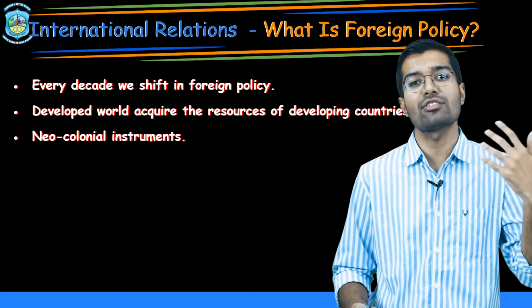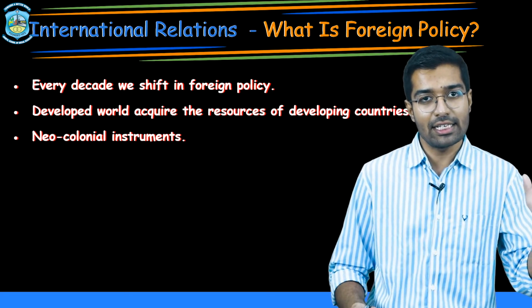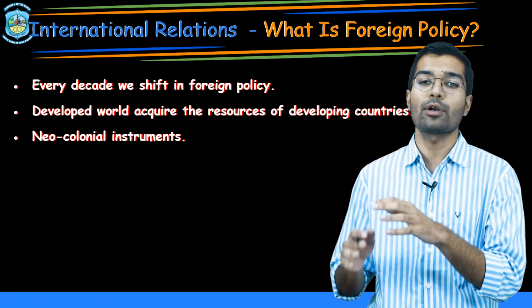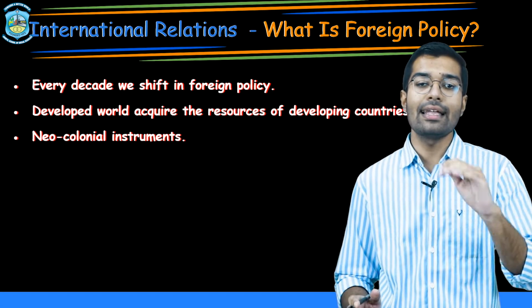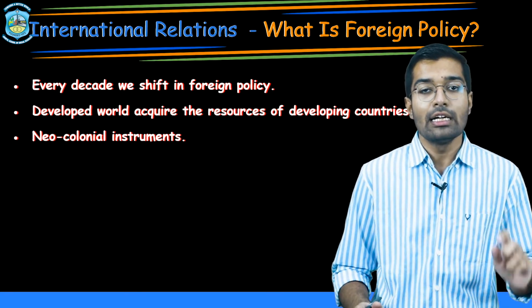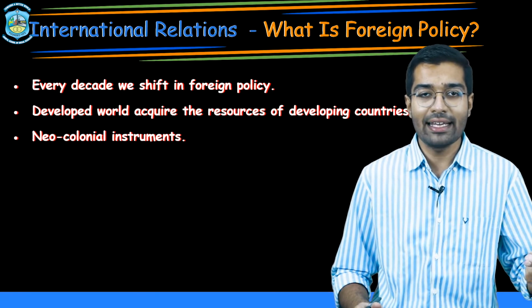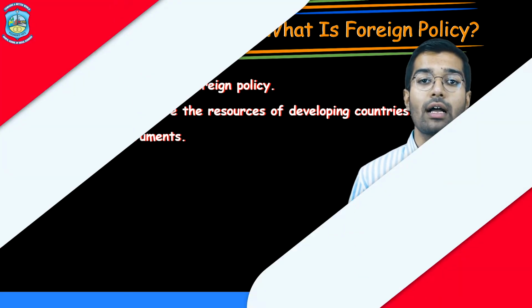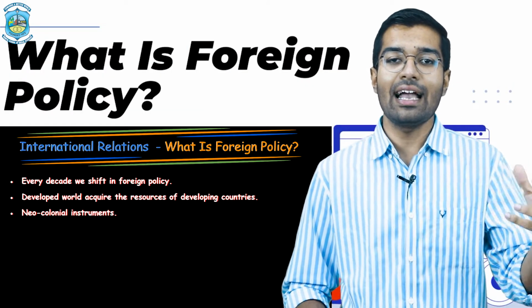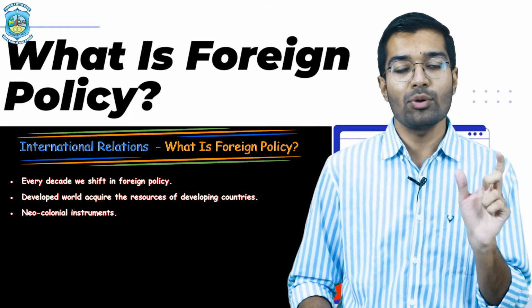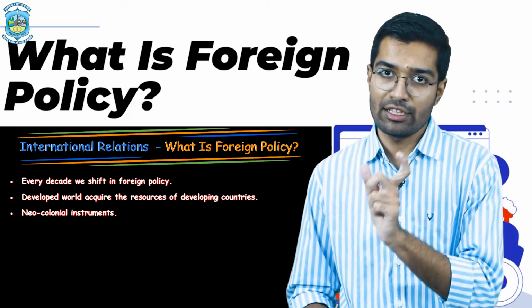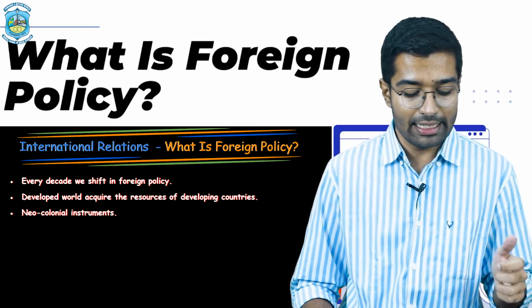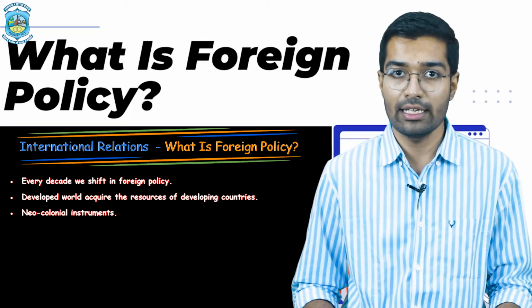They are taking the resources to their country, producing the final products and selling them to the Indian market. Now they are influencing our minds, our industries, our companies. So indirectly again they have controlled us. So it is a neo-colonial instrument. I think you are clear with the term neo-colonial instrument.